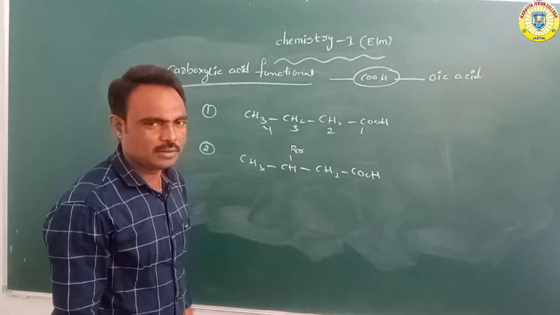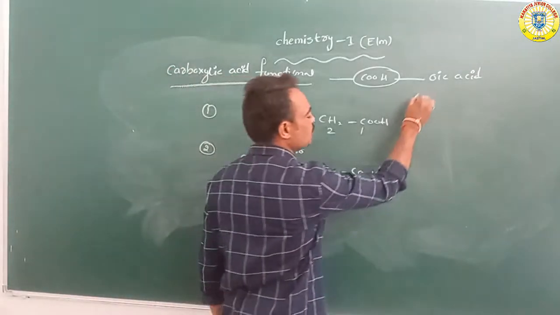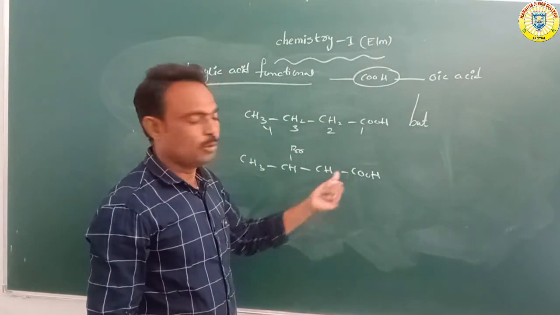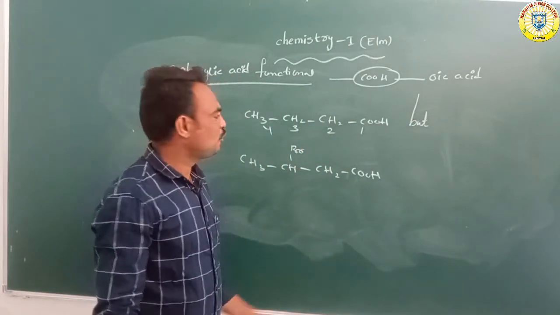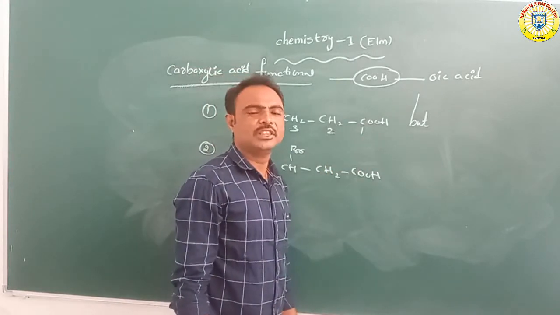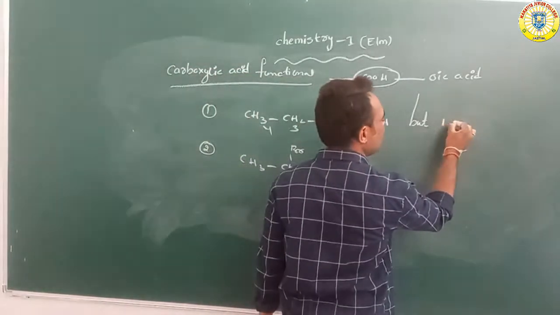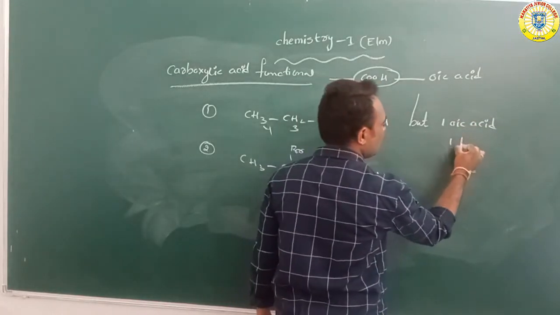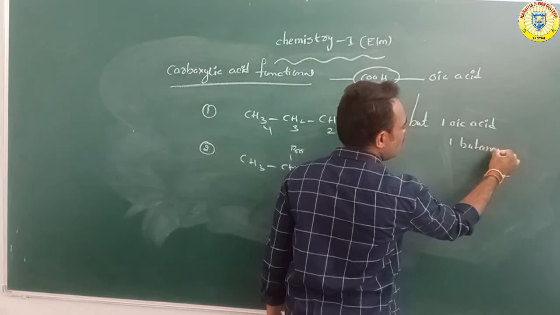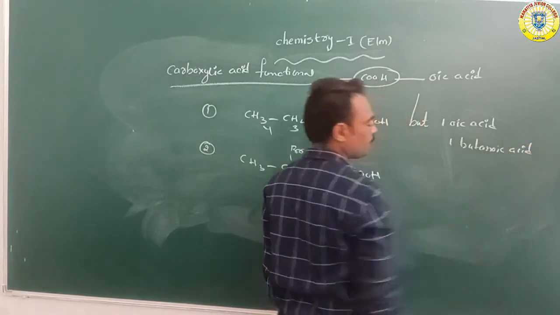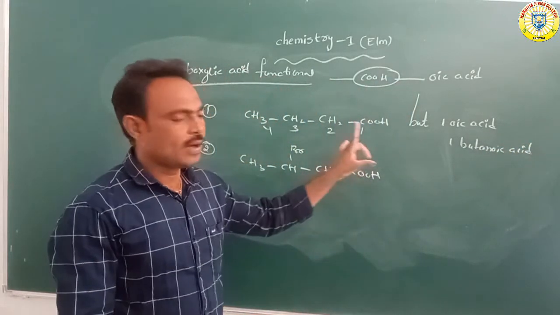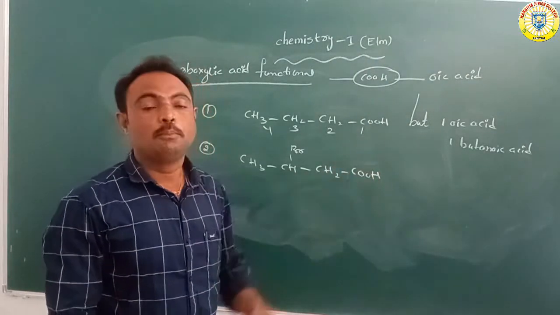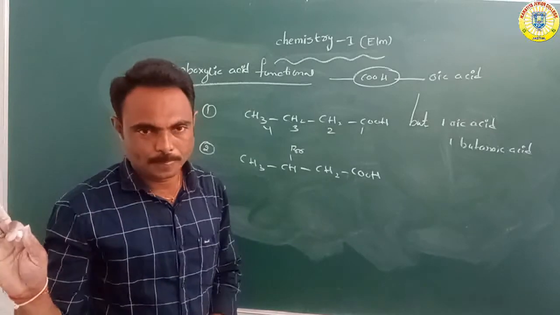How many carbons? 4 carbons. First we write butane. Next, the first carbon is attached with the carboxylic acid, so but-1-oic acid, or 1-butanoic acid. Okay.